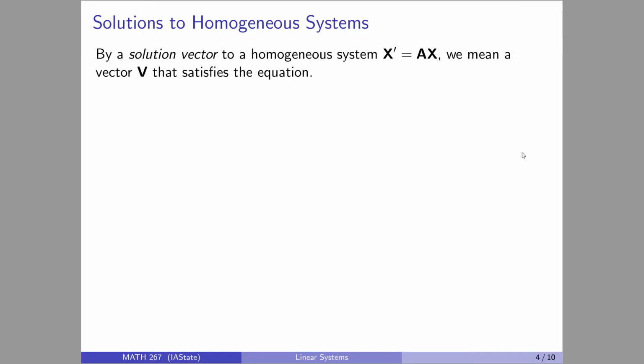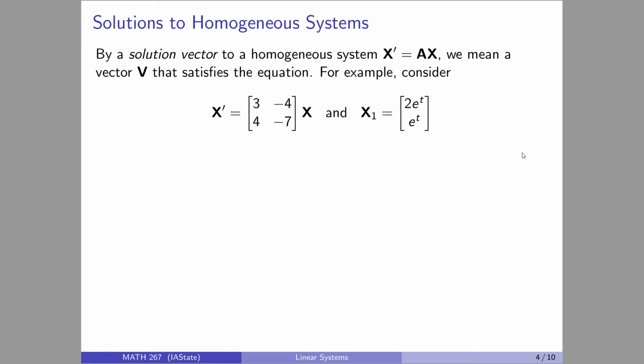By a solution vector, and we're going to be very careful about language here, we will mean anything that actually solves the homogeneous system. For example, let's say we had x prime is 3, -4, 4, -7 times x. This is one way we're going to write these systems a lot: you've got x and x prime, and then you just write out the coefficients like here.